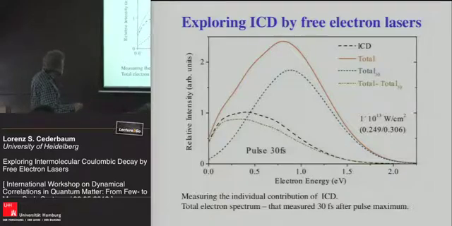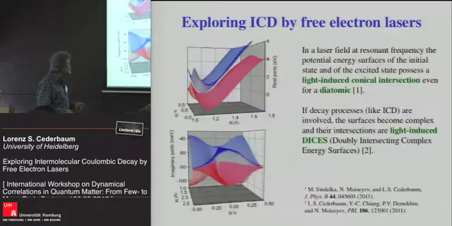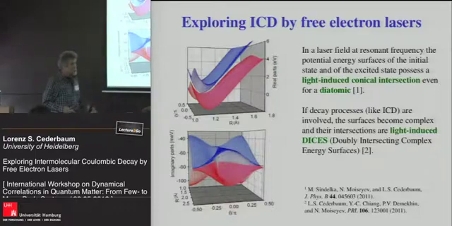And if you subtract, you get the green curve, and the calculated ICD alone is the broken curve here. So, of course, you could take an even shorter pulse and get better agreement, but this is just to show that you can also learn about the times of the processes by such measurements.